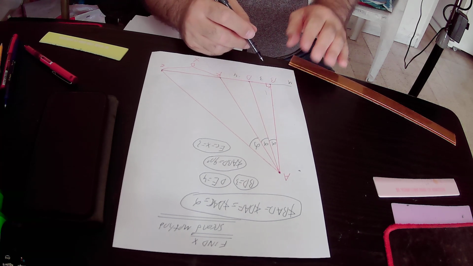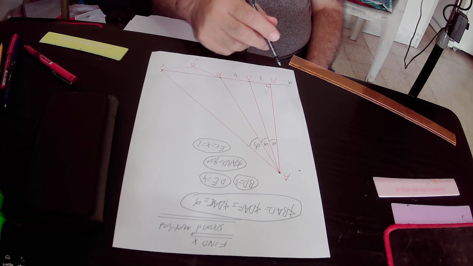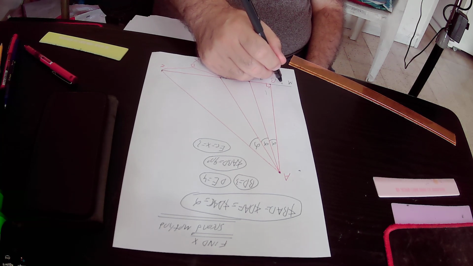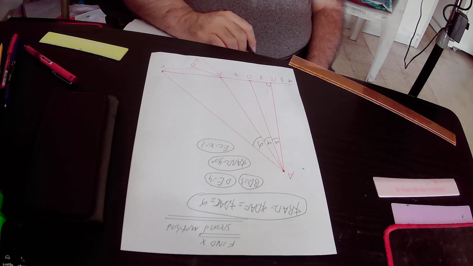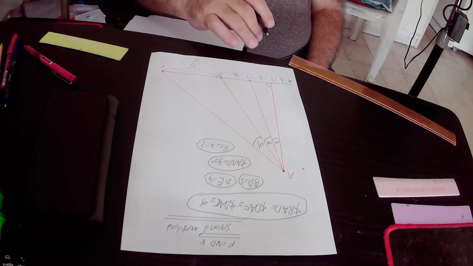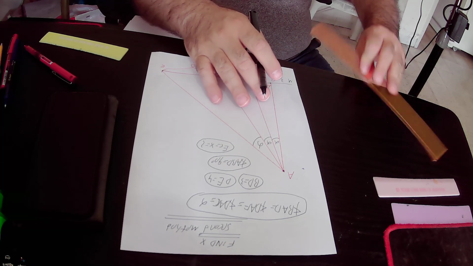We extended DB by 3 units, therefore MB will be equal to 3. And then we will connect points A and M by a straight line.